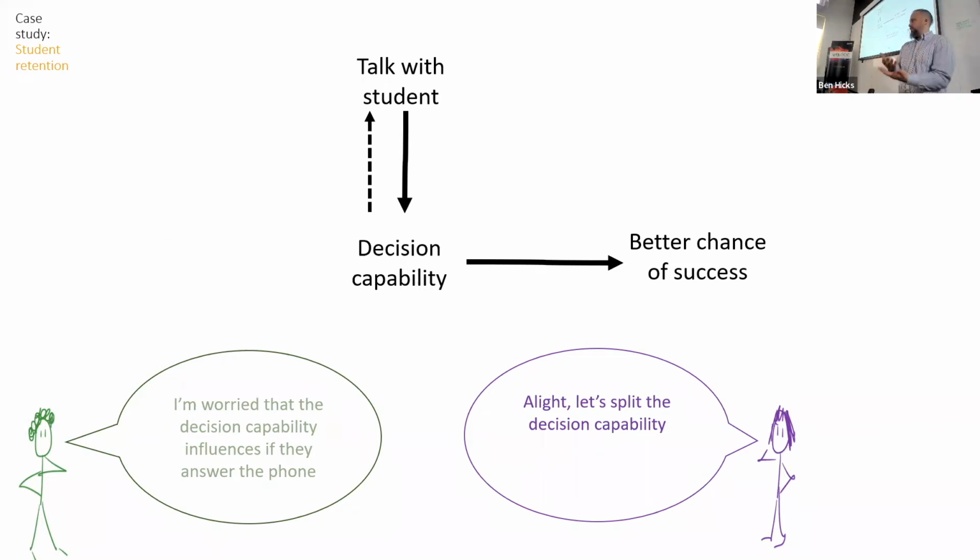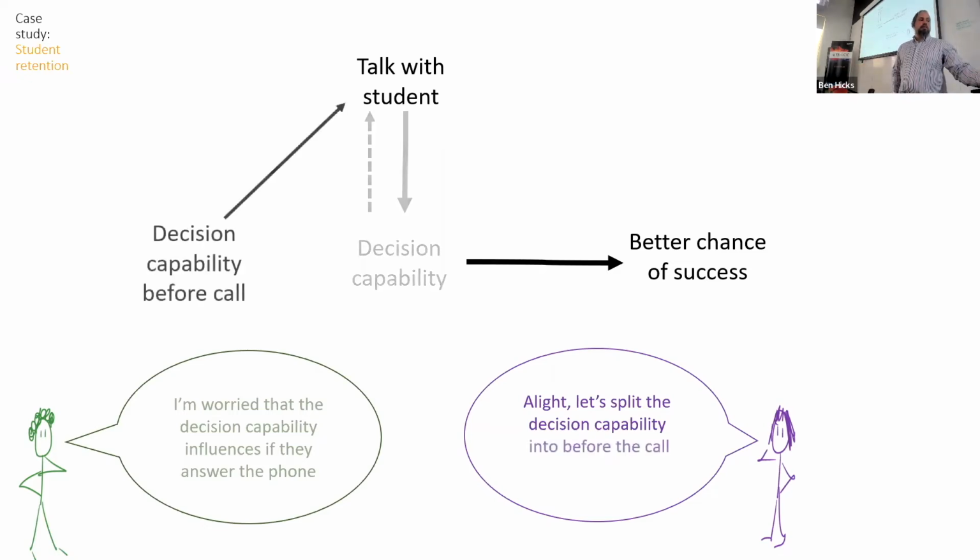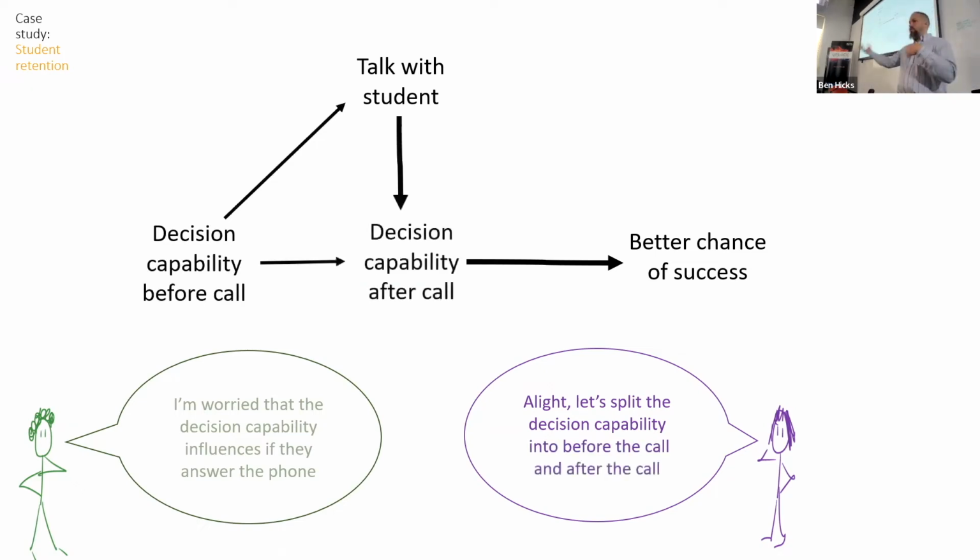The reason for this is that it makes it easier to interpret for the statistical machinery that we need to make an estimate of the causal effect. So we need to split the decision-making capability into two epochs, the before and after, and that disentangles the loop.